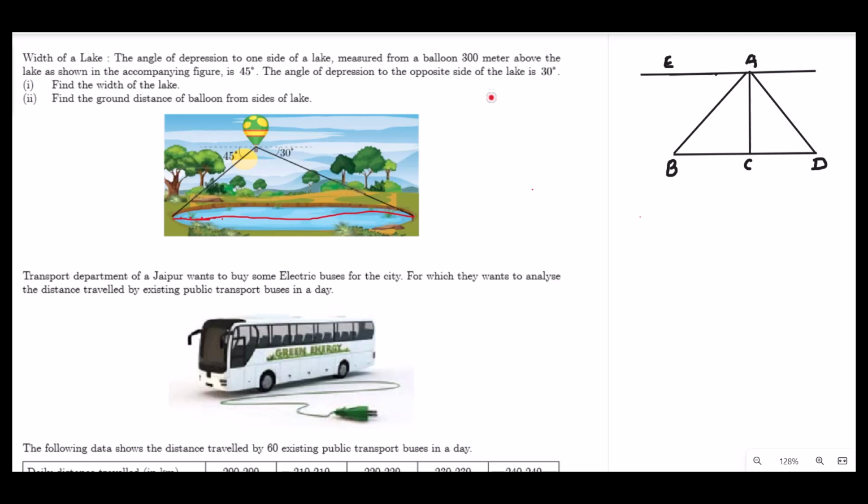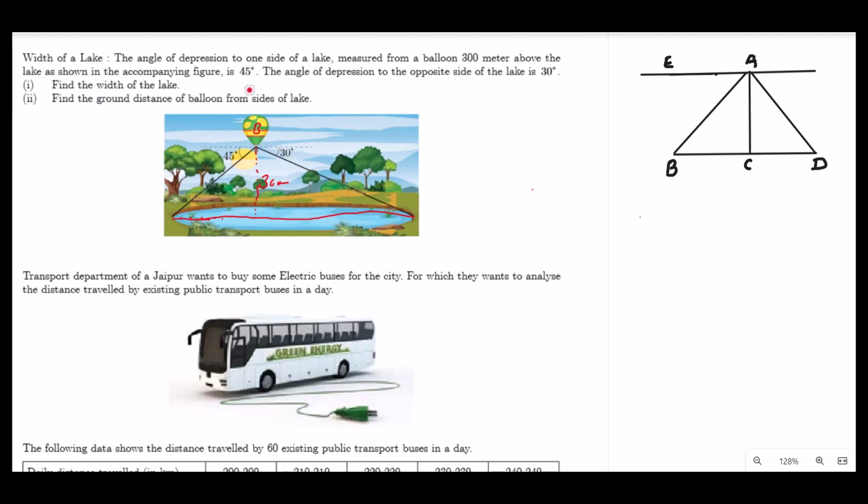And what is given here? 300 meters. A balloon is located here, right? From this balloon to the lake, what is the distance given? The distance is 300 meters.